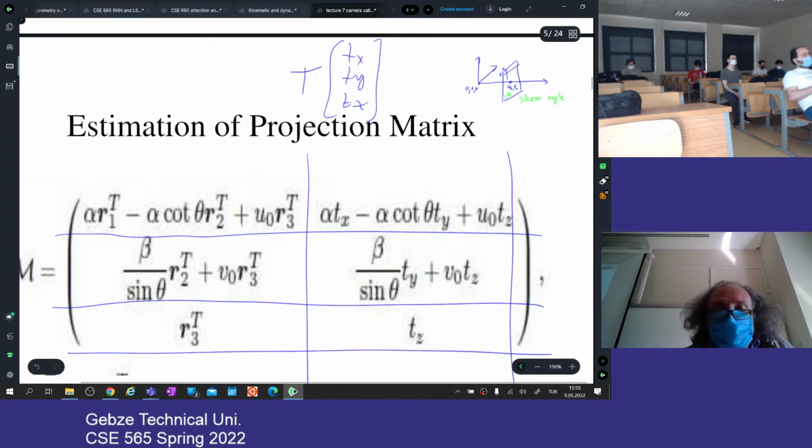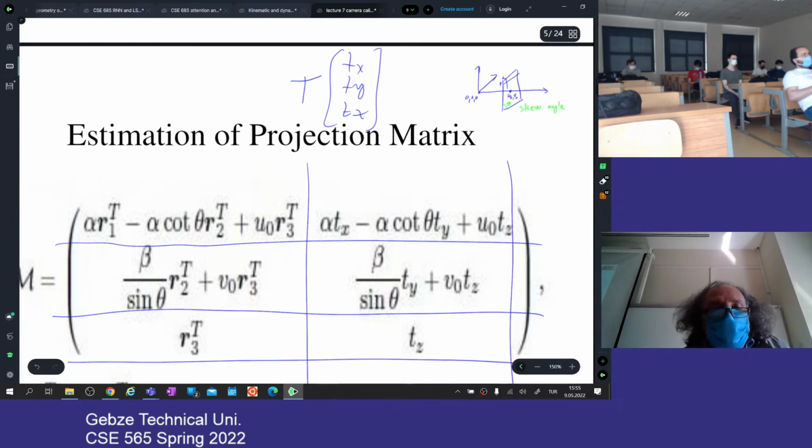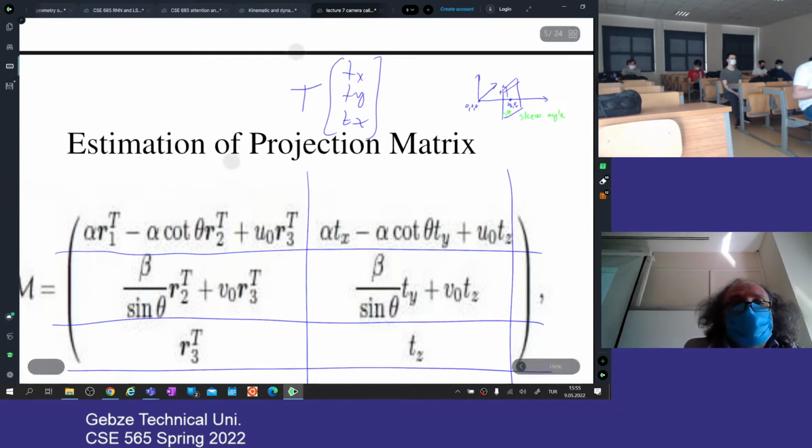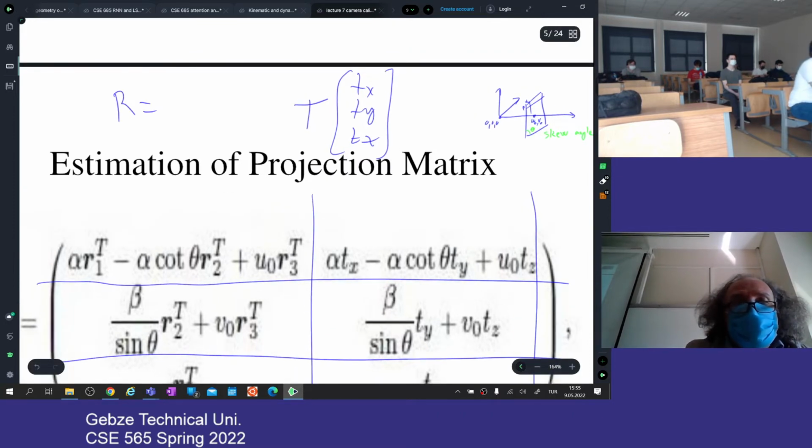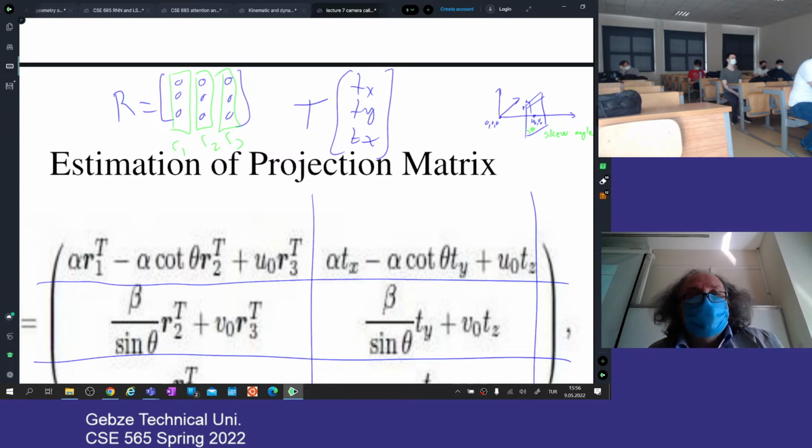How about these r's? R1, R2, and R3 are from our rotation matrix. It has 3 elements here, 3 here, 3 here. If I take this vector and call it R1, this one R2, and this one R3, then R1 is the first column of the rotation matrix, R2 is the second column, and R3 is the third column.